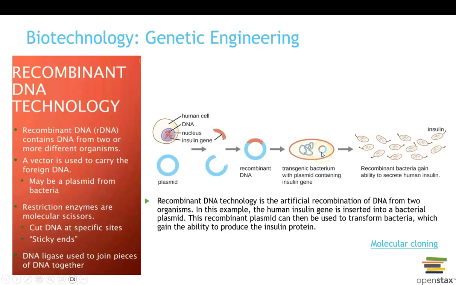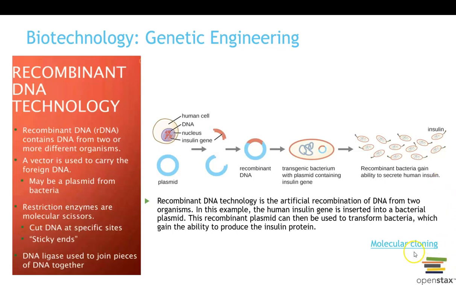The bacteria doesn't care if it's a recombinant DNA or its own DNA, so it can amplify this plasmid over and over. So then we're going to have a colony of bacteria that all contain the gene that can make and produce insulin, and then we can extract this insulin and use it for our own purpose.